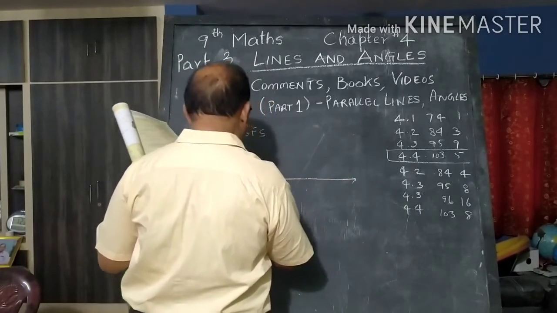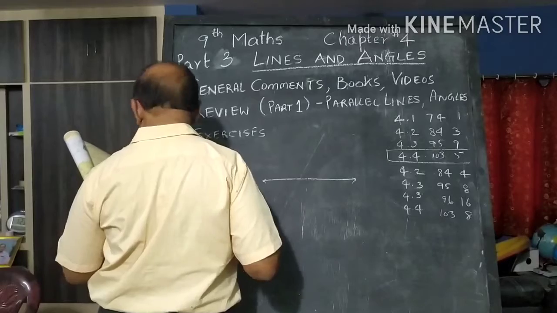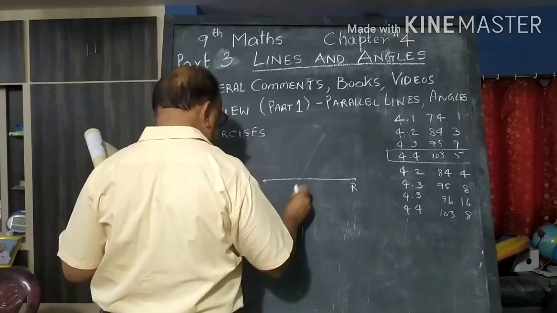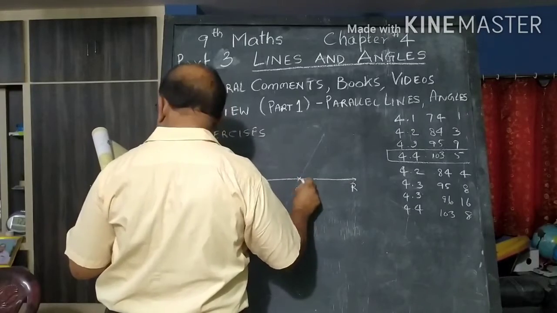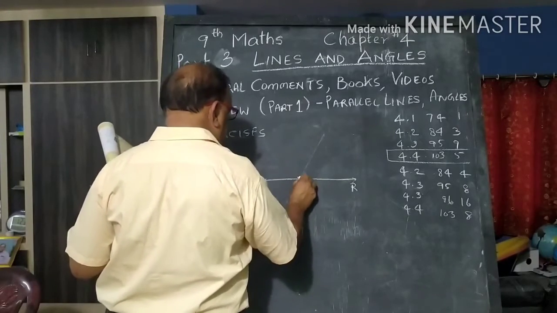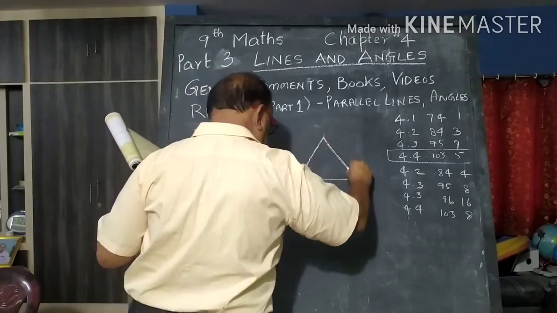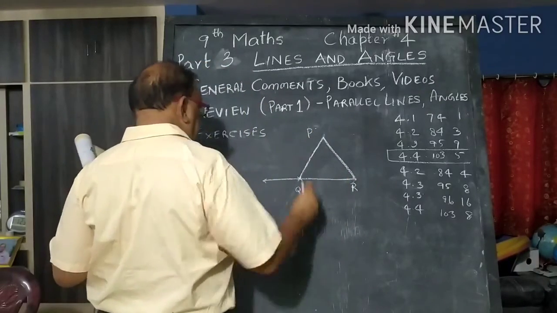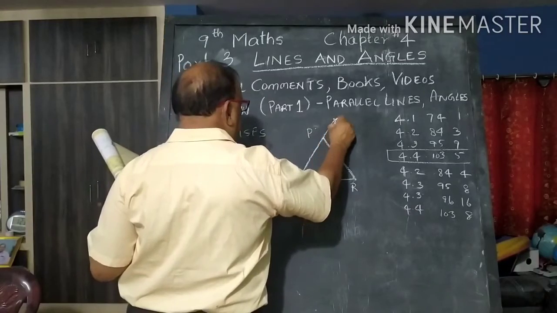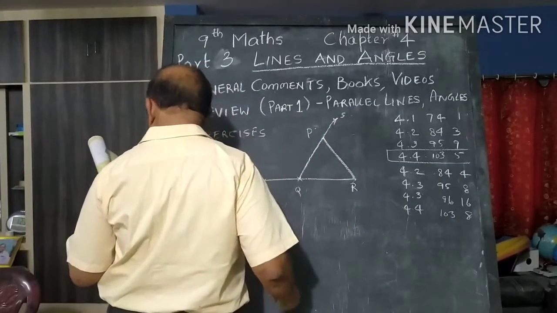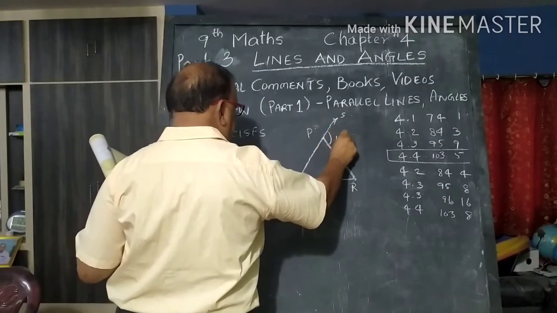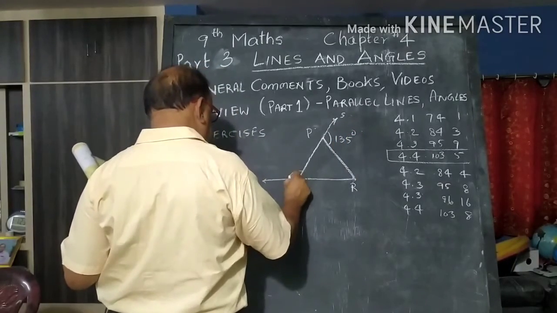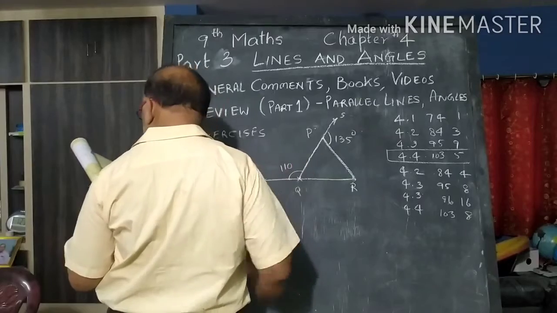I am not in a hurry. Okay, this is R. There is Q here, and there is P here, PQ, and this one is extended. Here you have S, and this angle is 135 degrees. This one is stated as 110 degrees.